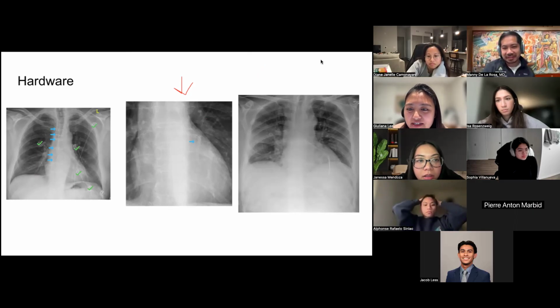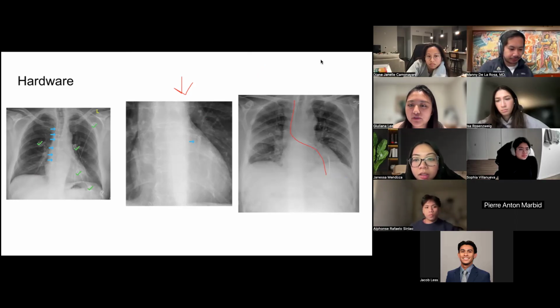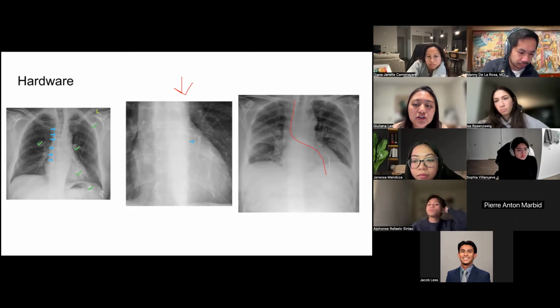Excellent call out. So this squiggly little thing is an NG tube, a nasogastric tube. It's inserted through the nose. It's supposed to end in the stomach. This is typically for folks who are unable to take things by mouth. And what you're correctly calling out is that it doesn't appear to be in the right place.